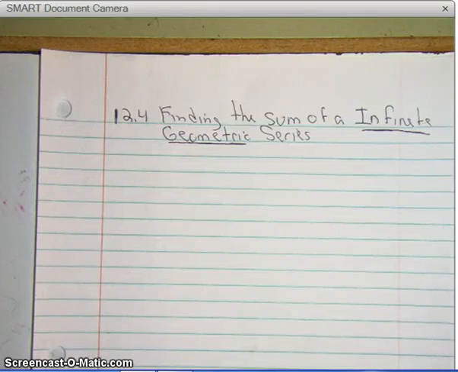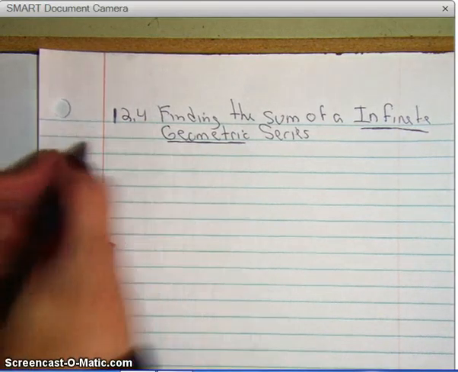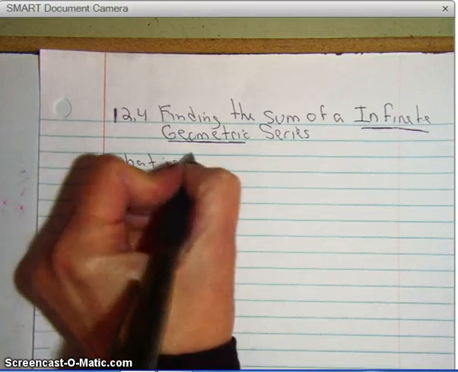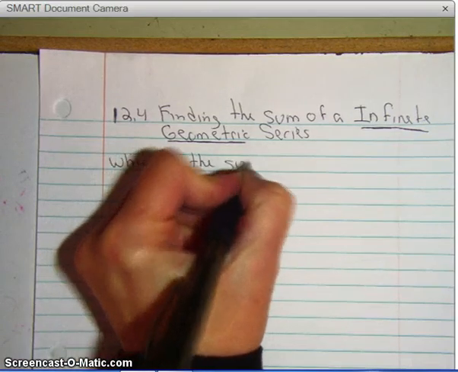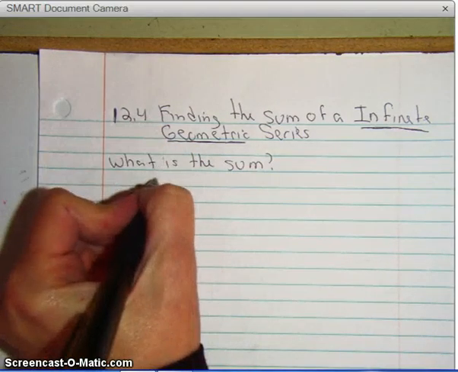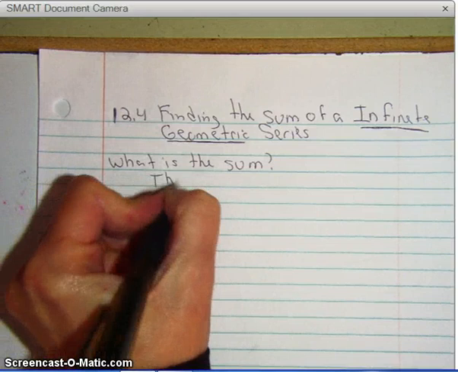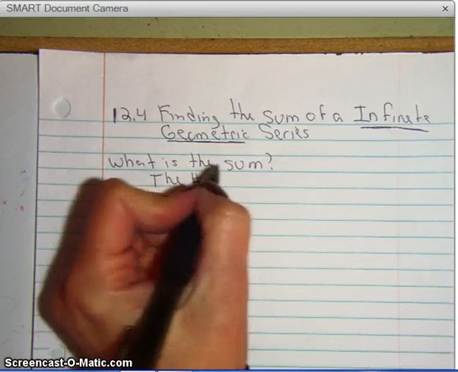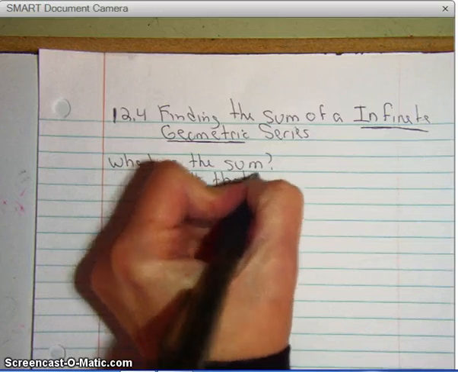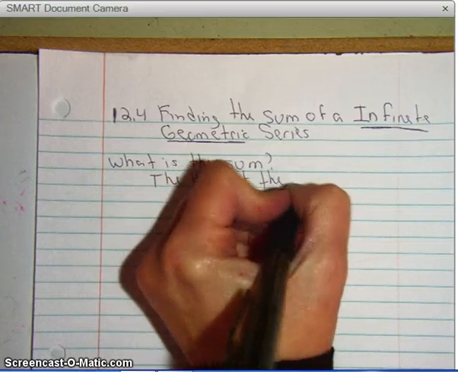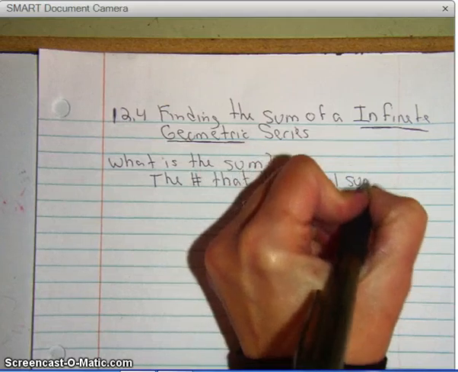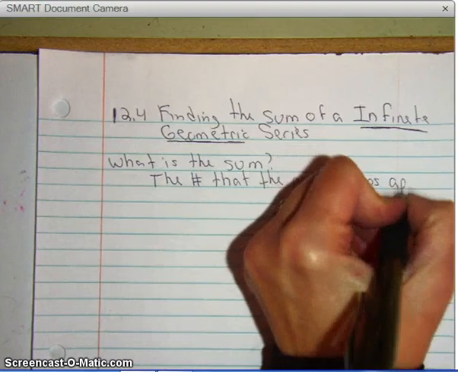Okay. The sum of the series is defined as the number that the partial sums approach.